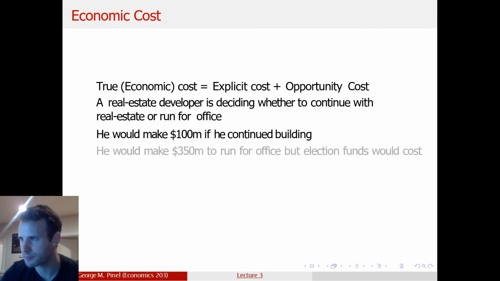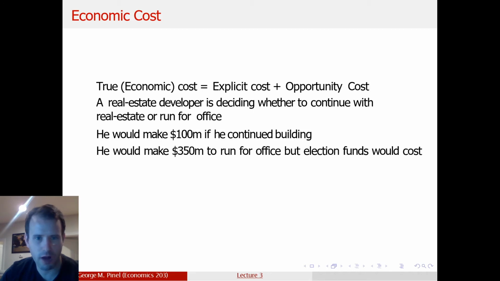If you run for office, you'd get $350 million in bribes or whatever, or utility of being in charge. So $350 million is what you would be willing to pay for the office, your total utility from being in office.